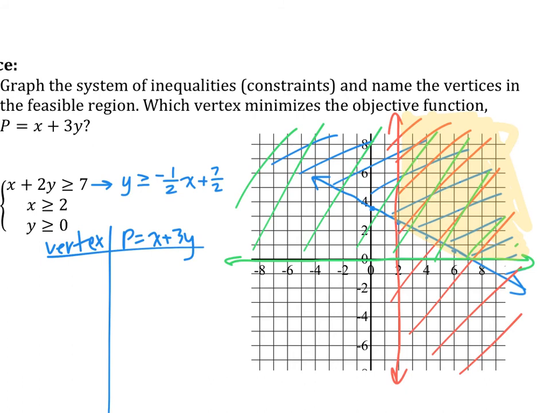Because the way the graph is drawn, I only put in graph paper that extends to about positive 9. But your graph will actually keep going. So this graph actually keeps going forever, right? This is saying that your feasible region is not contained within a polygon shape. It's contained on one corner only, and the other side just keeps going forever.